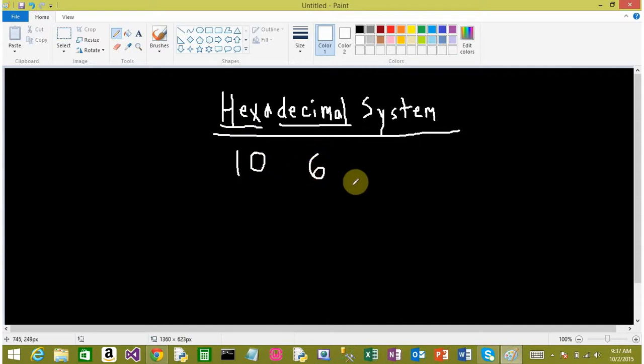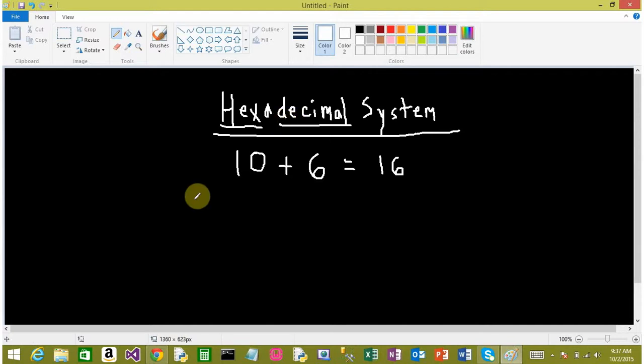And so if we put those together, add 10 plus 6, we get 16. So we're going to get 16 digits that we're going to use in the hexadecimal number system. So this is a base 16 system. So let's figure out what those 16 digits are.